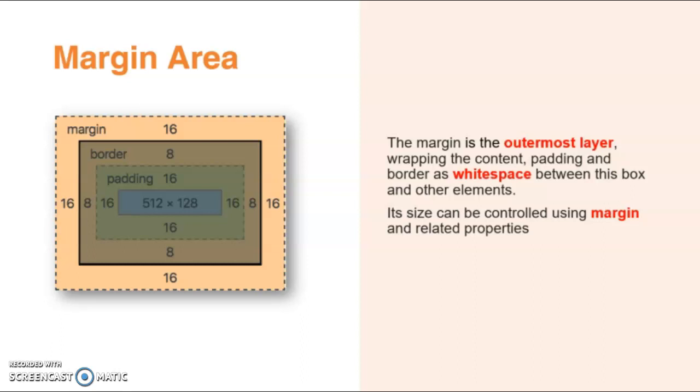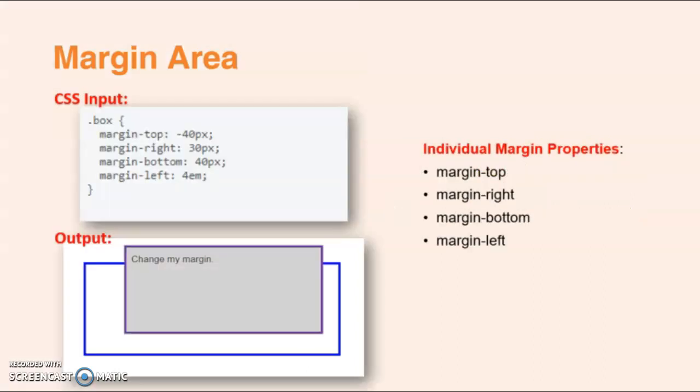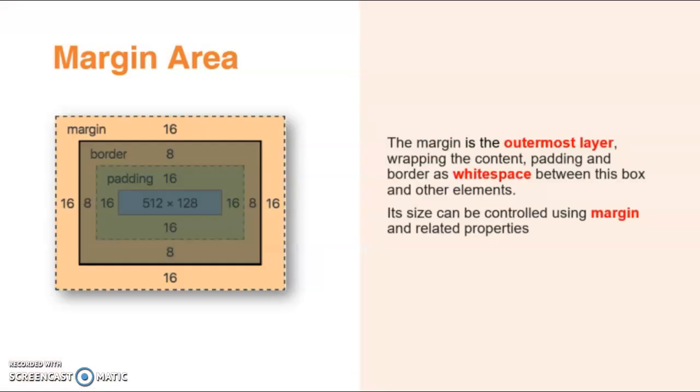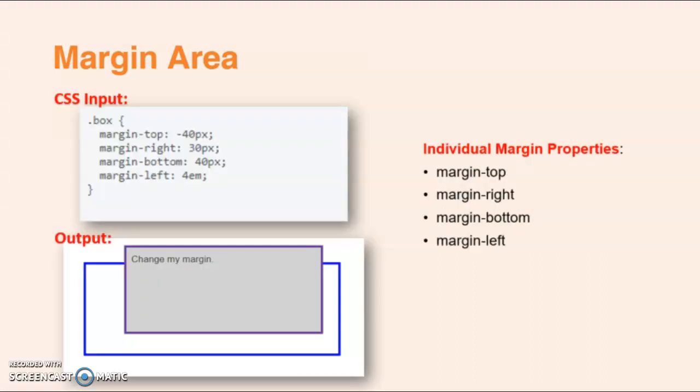We can control all margins of an element at once using the margin property, or each side individually using the equivalent longhand properties: margin-top, margin-right, margin-bottom, and margin-left.